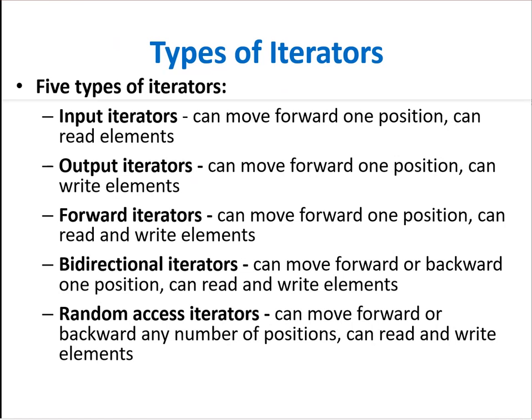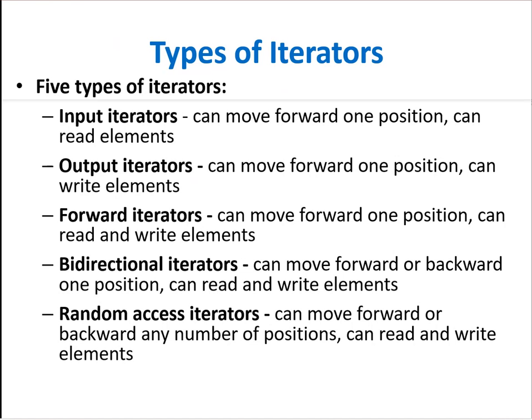Bidirectional iterator has all the functionality of the input, output, and forward iterators, meaning it can move forward or backward one position, and can read and write the elements. Random access iterator has all the functionality of the bidirectional, forward, output, and input iterators. It can move forward or backward one position or any number of positions, and can read and write the element.